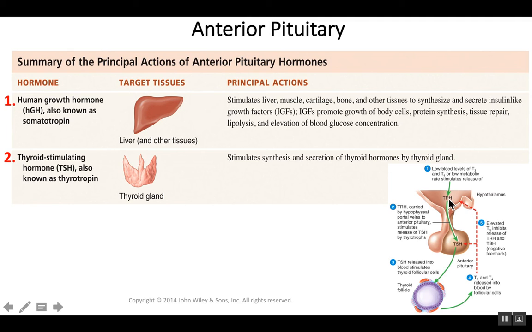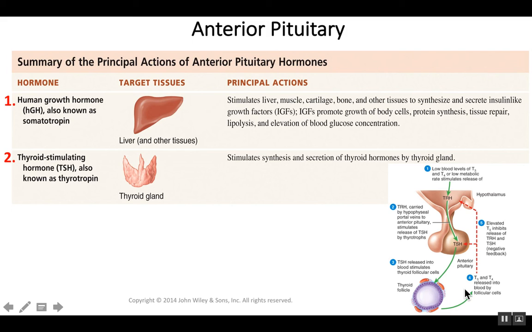TRH stands for thyrotropin releasing hormone. That hormone will then go down to the anterior pituitary to stimulate the production of TSH, thyroid stimulating hormone. That then goes to the thyroid gland to stimulate the production of T3 and T4.